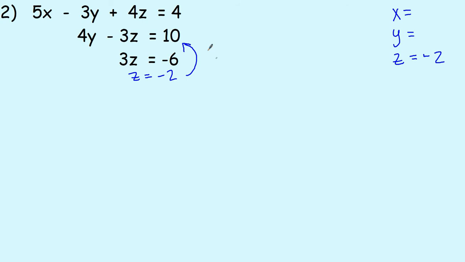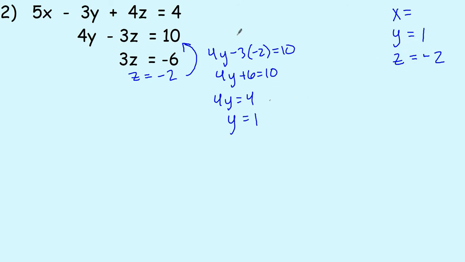Use that to plug into that one. 4y minus 3 times negative 2, 4y plus 6. 4y equals 4, y equals 1. There we go. Then we take that answer and plug it into the top equation.